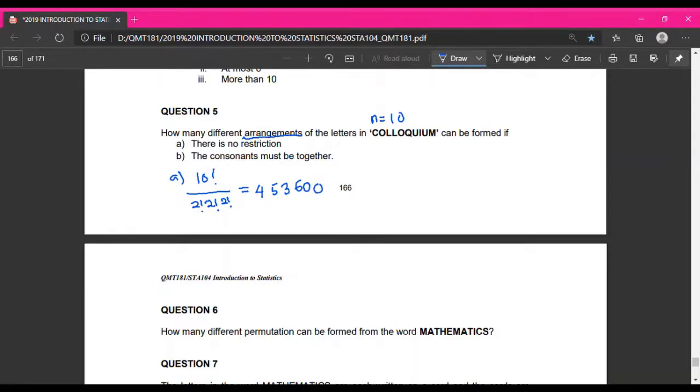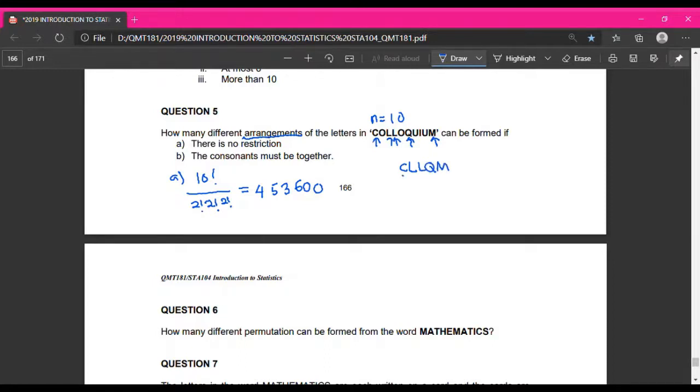Contoh yang kedua pula, soalan yang kedua. The consonant must be together. Which one is consonant? The consonant will be C, L, L, Q, M. So we have 5 consonant here. Okay, I susun sini. We have 5 consonant C, L, L, Q, M. Consonant must be together.